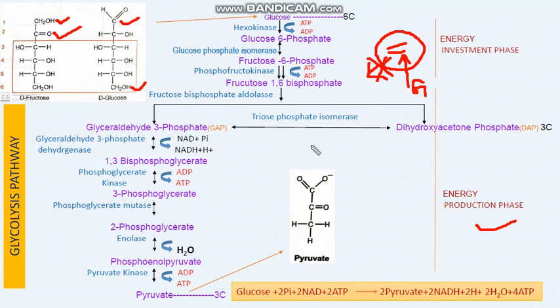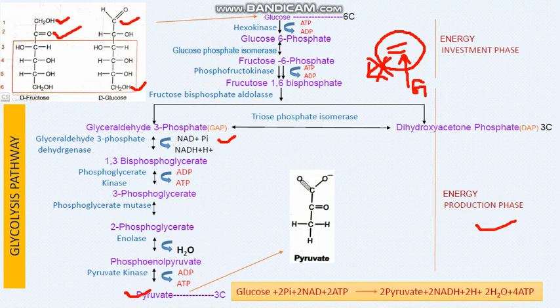Since these two are isomers, they can be readily converted into each other. In this reaction, GAP is formed predominantly, that is 2 molecules of GAP for every 1 molecule of glucose. Therefore, in preceding steps, 1 molecule of glucose gives rise to 2 molecules of pyruvate.